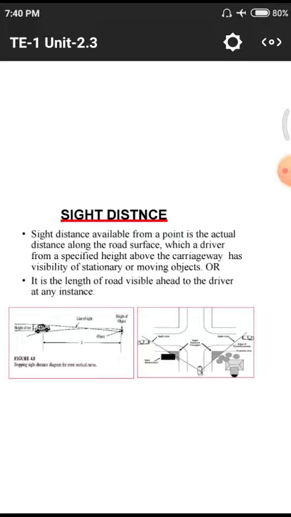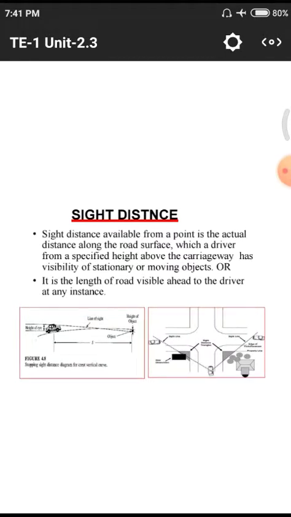Some vehicles have a note on their back side, like maintain a proper distance within 50 feet, so that we avoid accidents while traveling along with those vehicles. So we need to have particular knowledge of sight distance.